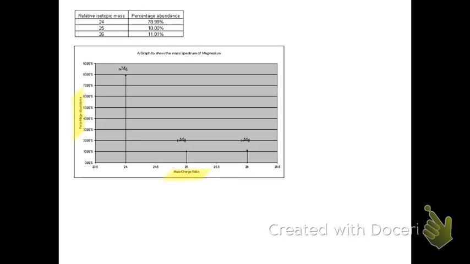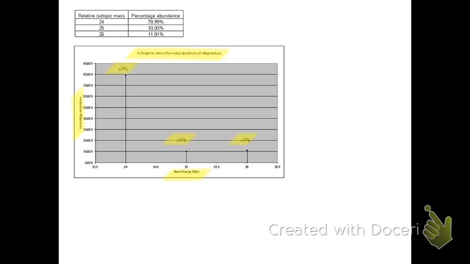So this shows us the data for magnesium, and you can see that magnesium has three isotopes: magnesium 24, magnesium 25, and magnesium 26. And this data here is going to show us not only the relative isotopic mass, but also the percent abundance of each one of these isotopes.